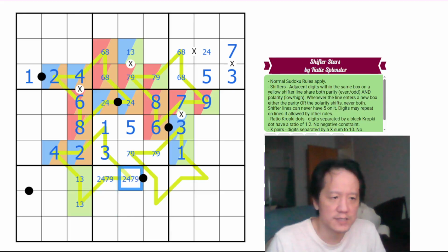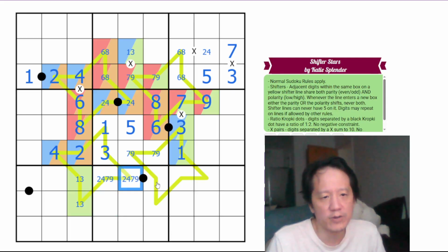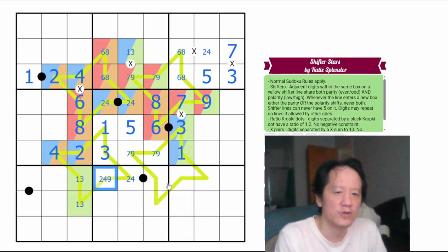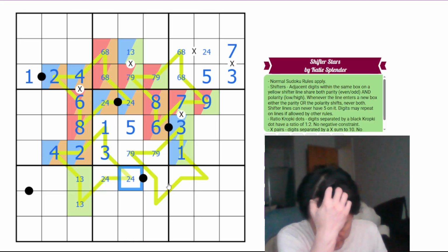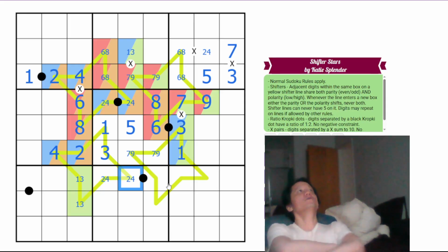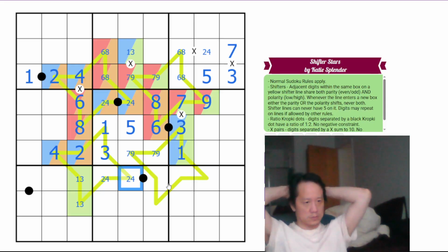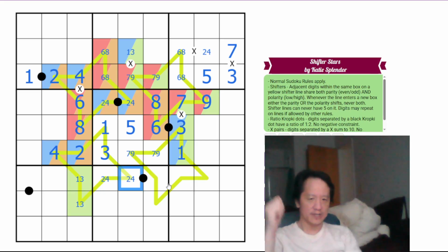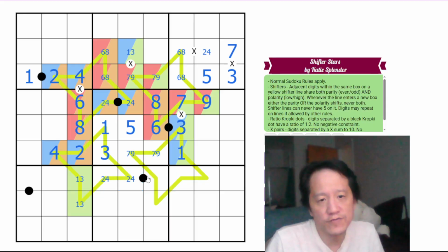Once again, 7, 9 cannot be next to a black Kropke dot because it's double of 3.5 and 4.5, and doubling it gets 14 or 18. 2 and 4 cannot be next to a 6, 7, 8, 9, so this is only 1 through 5.